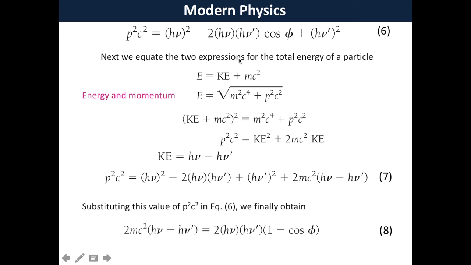We equate the two expressions for the total energy of the particle. One is the energy and momentum equation. We know that the energy is equal to kinetic energy plus mc square, and energy is equal to root of m square c raised to 4 plus p square c square. If we compare these two equations, we get p square c square equals kinetic energy square plus 2 mc square kinetic energy.